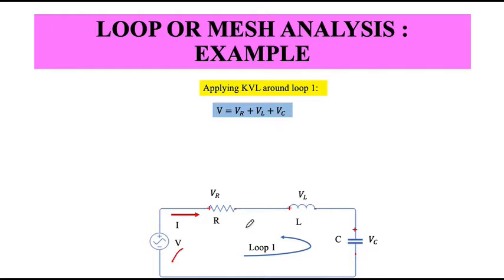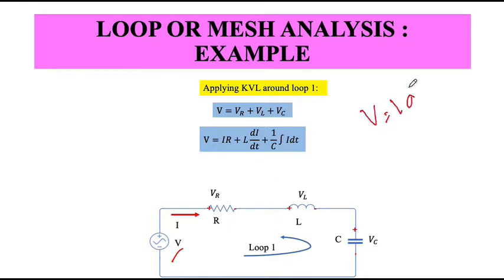Again I know these things. The voltage across the resistor is given simply by IR. V across the inductor, I already know from the previous slide, is V equal to L di by dt, and the voltage across the capacitor can be written in terms of 1 by C integration of current.